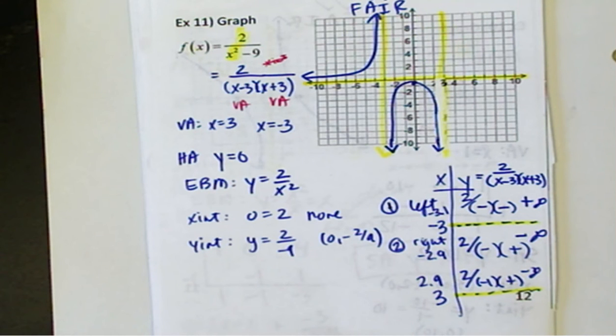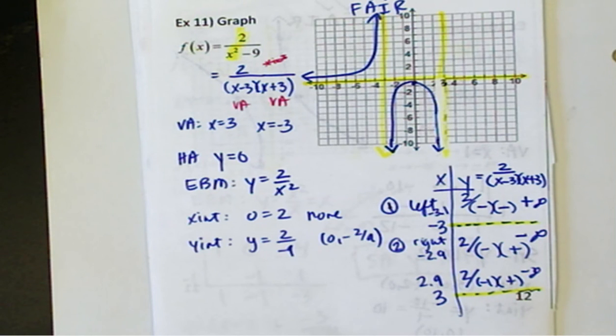Okay, let's do the next region. You try to figure out whether this right region is going to be up or down. Negative, positive. So the combination is negative, which is good because it's supposed to be down.